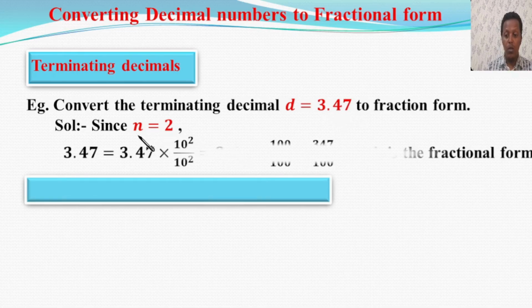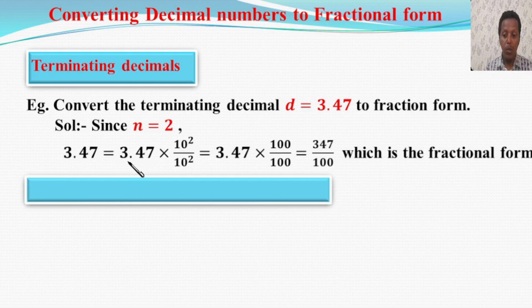So if n is 2, you simply multiply the given decimal by 10 to the power of 2 over what? 10 to the power of 2. 100 over 100, which is 1. 1 times 3.47 is 3.47. But our aim is to convert decimal form into what? Fractional form.